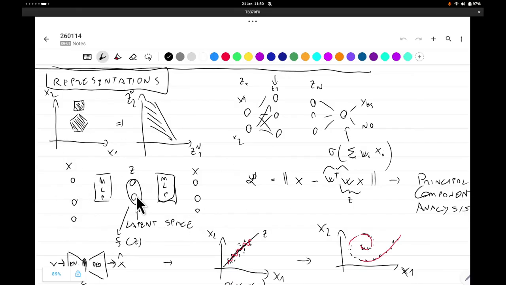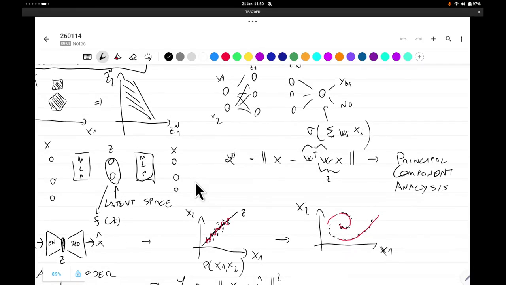So we go to a representation through a multi-layer perceptron in the network, and then through another network we go back to the initial representation. The network on the left is called encoder, and the other one is called decoder.